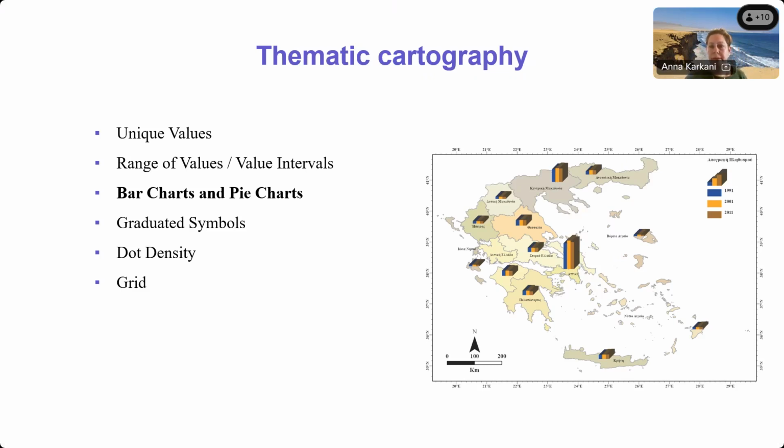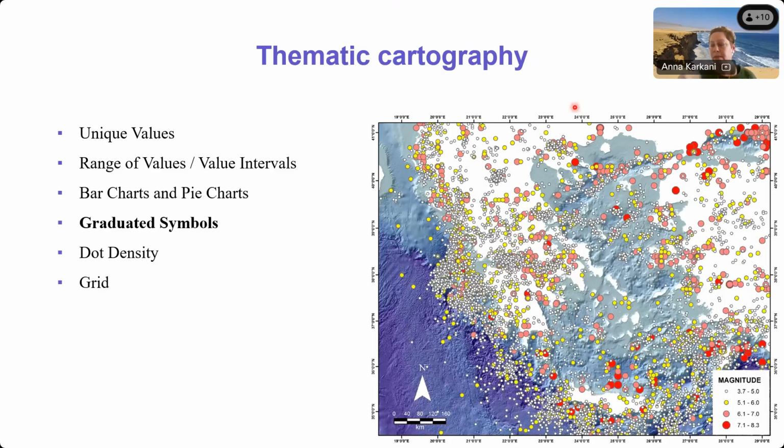And there is another option, which is graduated symbols. So basically, the size of the symbol gets bigger as the values get bigger. Basically, we use different size symbols to represent the variation in our database. This is a very common way to show the magnitude of earthquakes in some specific area.